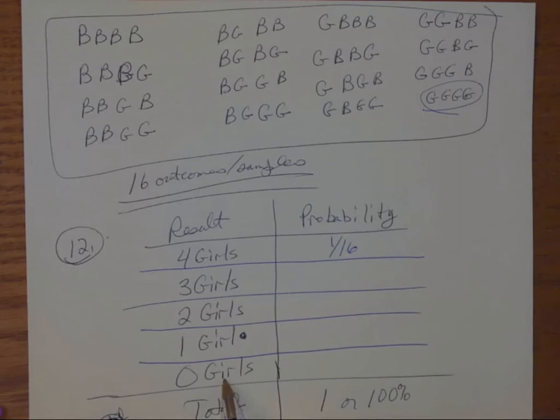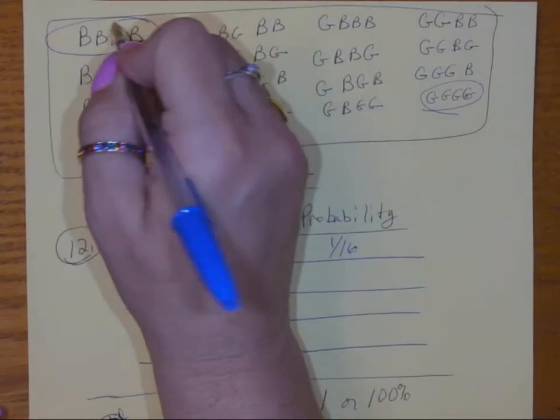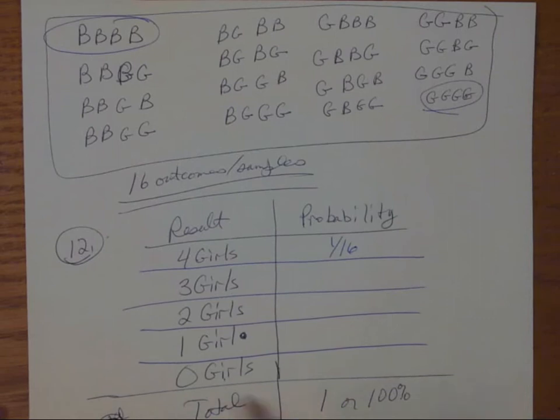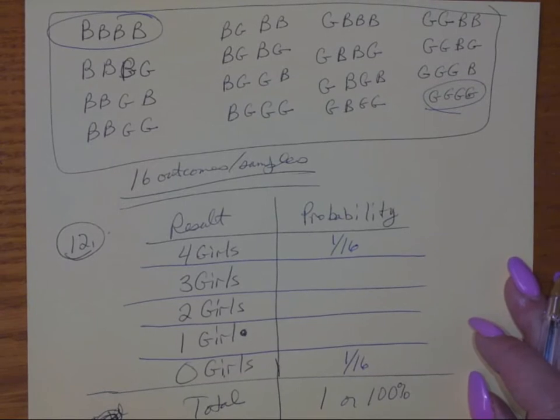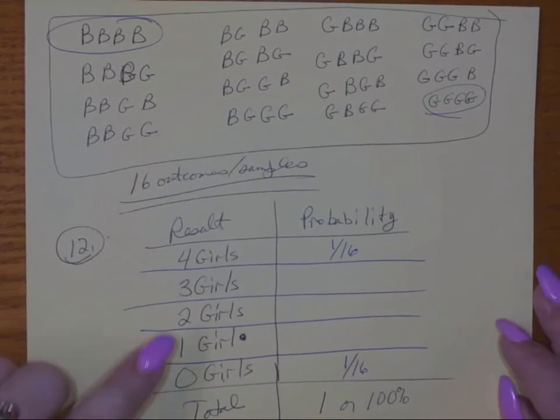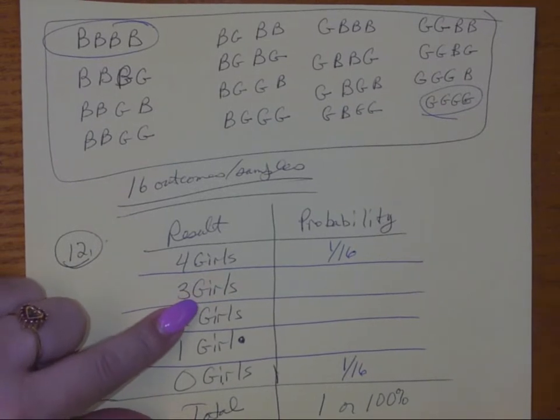All boys, so that's this one. There is 1 chance out of 16 that you have all boys or 0 girls. Remember we said there's some symmetry going on here, so symmetry might help me to get some of my answers here. 3 girls.